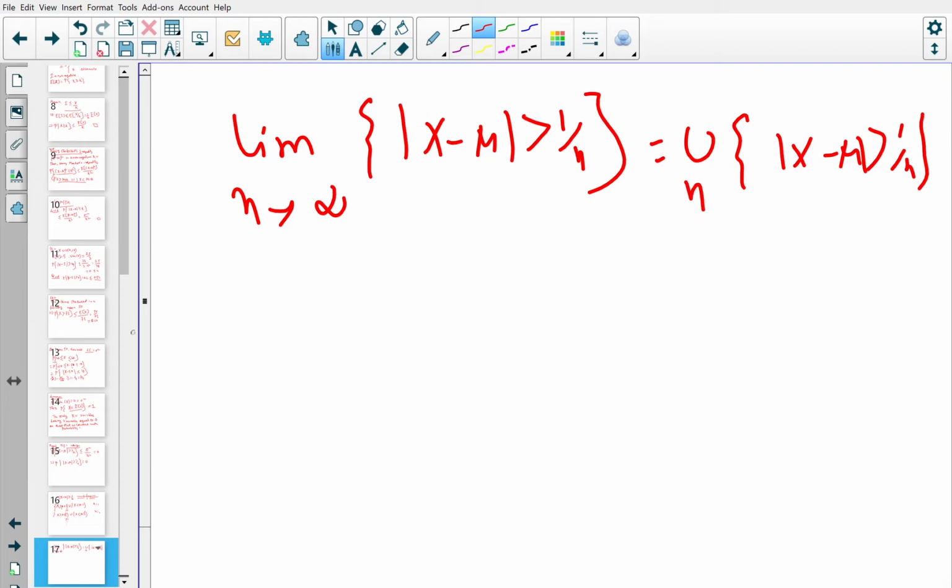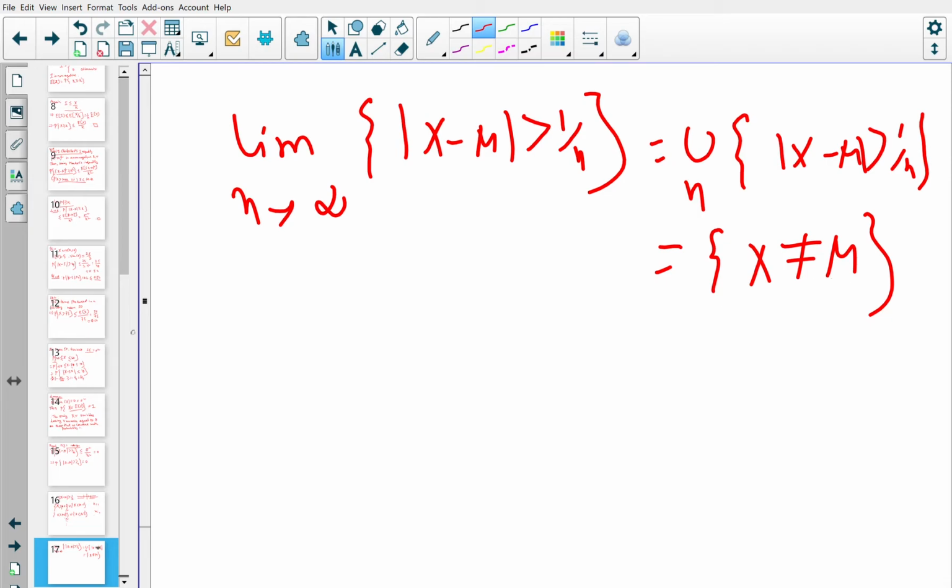But what is the union of this? So you are taking every value except mu. So this is nothing but the random variable that x is everything except mu. If x is equal to mu, then it will be 0, otherwise 1, right? So the limit of this will be the random variable x not equal to mu, right?